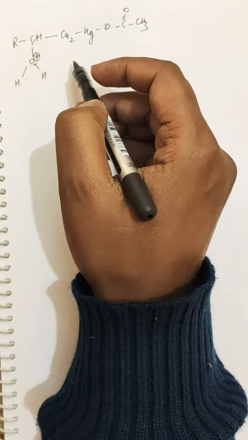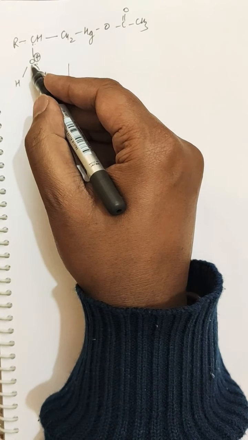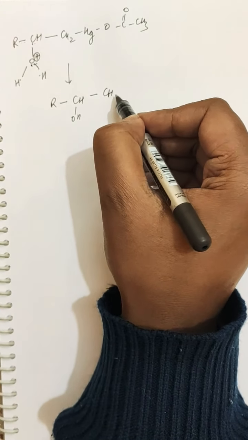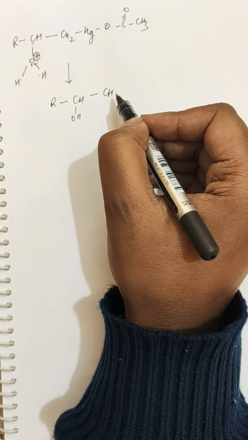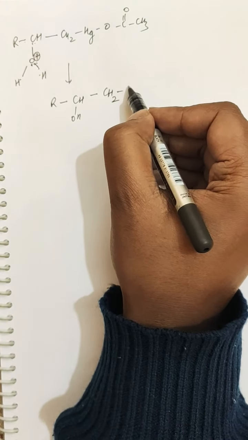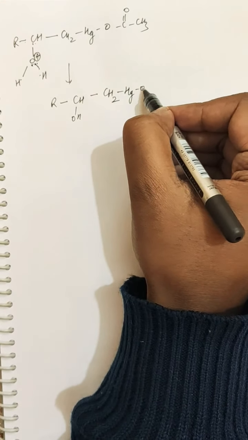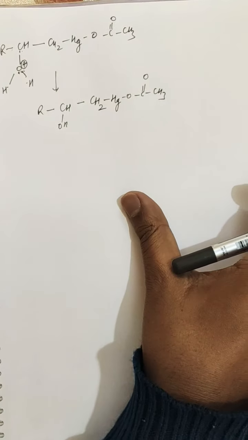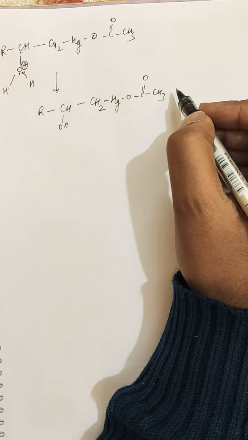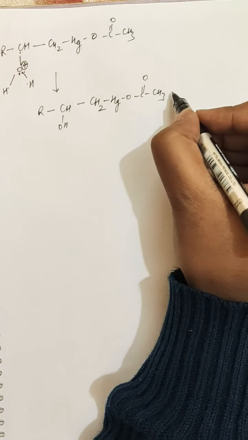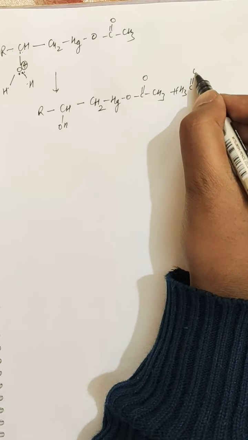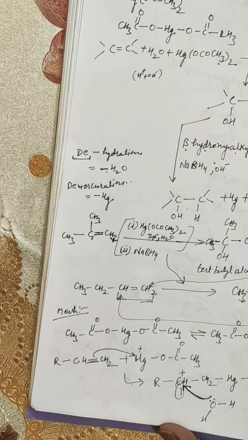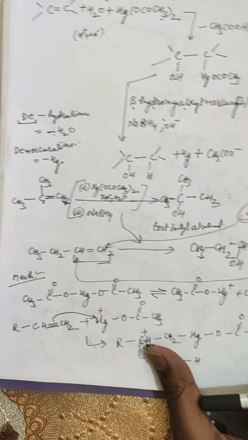So this oxonium ion loses one of the protons and results in the formation of this acetic acid, CH3COOH, because there was that acetate anion initially formed from the breakage of this mercury.